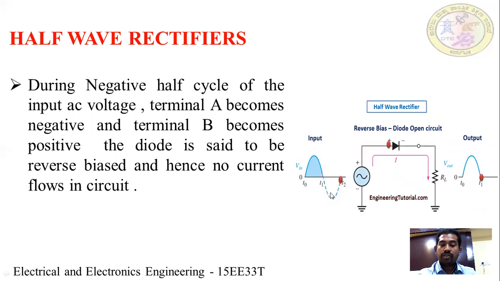When we apply the negative pulse here, terminal A becomes negative and terminal B becomes positive, so the diode is reverse biased. Hence, there is no current flow in the negative half cycle.